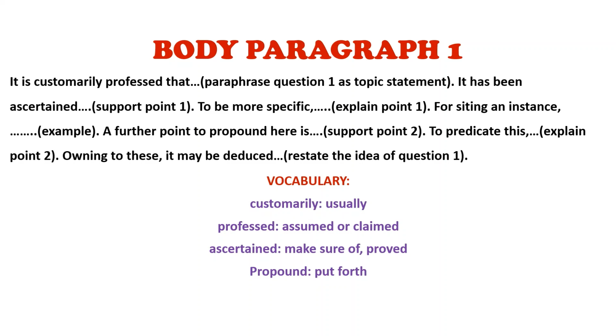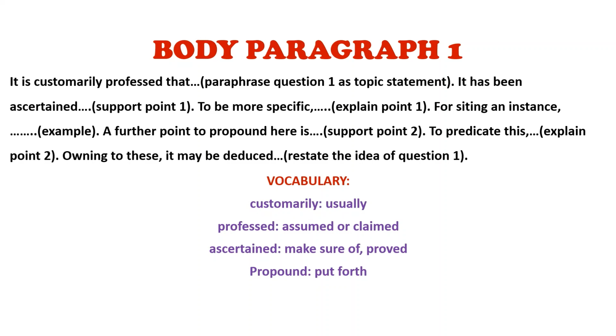Then after writing, you need to explain it. Of course, you need to explain each and every point. So you will say, to be more specific, and then you explain how robotics and artificial intelligence are going to change, or how it is going to become ubiquitous in the coming future, something like that. And then you will give an example for citing an instance.